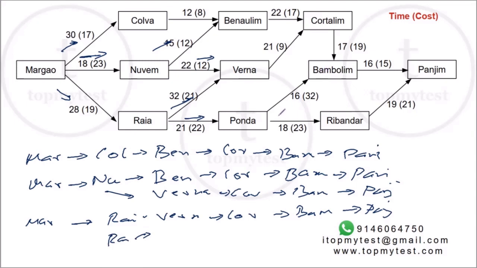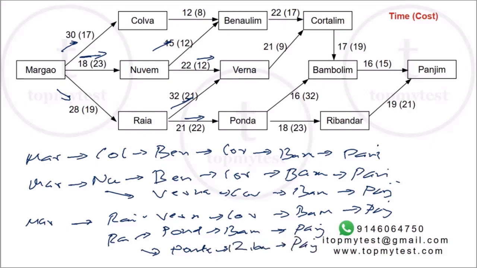Now from Ponda again there are two routes, one to Bamboli and one to Ribandar. So you can go to Bamboli, then Panjim, and then from Raya to Ponda to Ribandar to Panjim. So these are 1, 2, 3, 4, 5, 6. 6 routes are available over here.